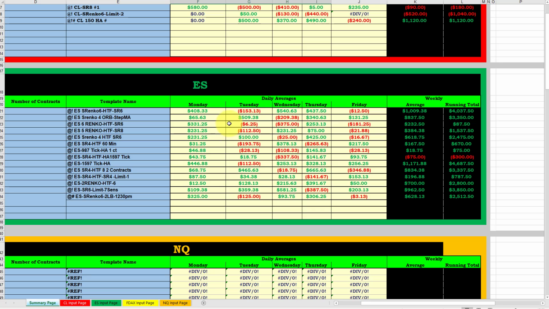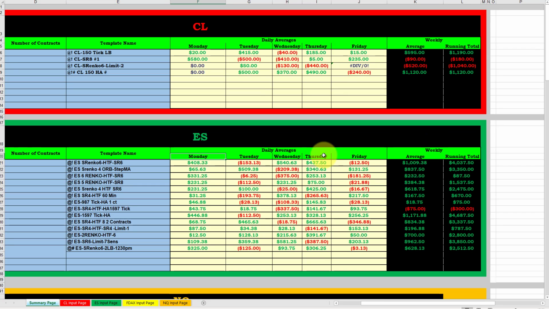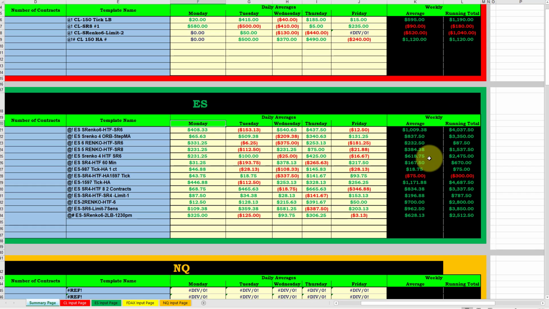This is really showing what day of week is the strongest and weakest. There's not enough data here to really draw anything meaningful at this point, but this is the average return for each contract per week, and then this is the running total.